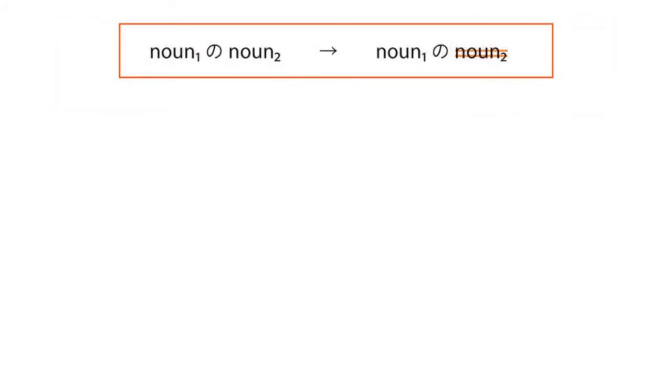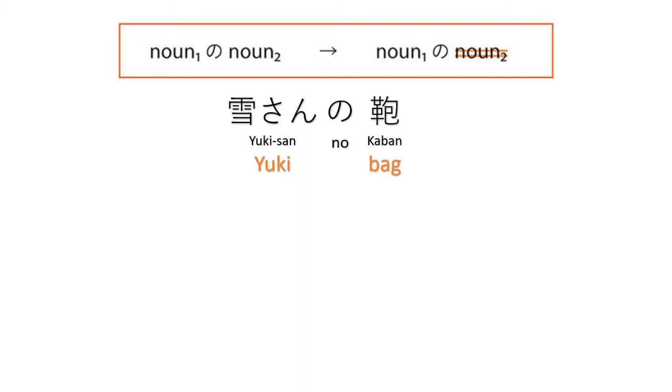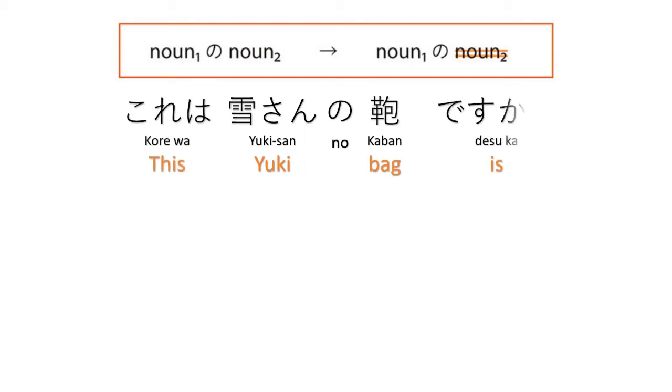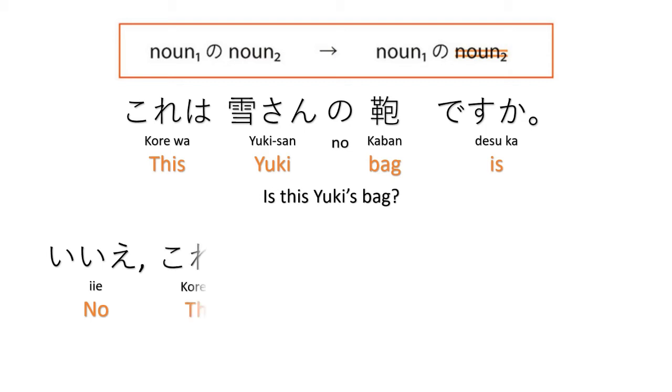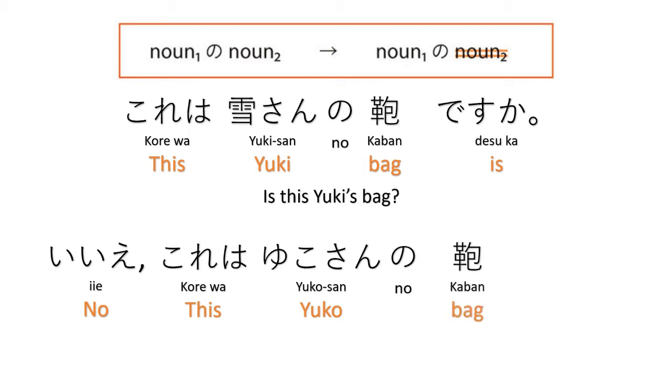Alright, we can also use no as a possessive. For example, Yuki-san no kaban, Yuki's bag. Kore wa Yuki-san no kaban desu ka? Is this Yuki's bag? So here, no acts as a possessive, it is Yuki's bag. So the natural answer would be Iie, kore wa Yuko-san no kaban desu.